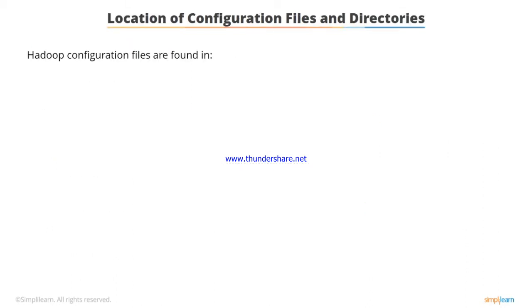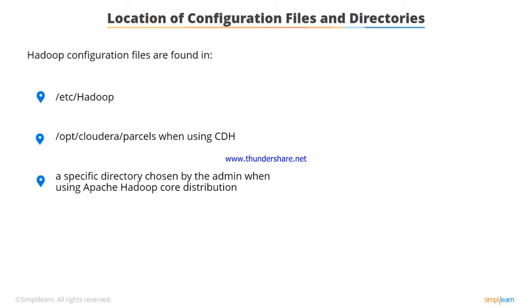Hadoop configuration files are found in /etc/hadoop, or /opt/cloudera/parcels when using CDH, or a specific directory chosen by the admin when using the Apache Hadoop core distribution. The configuration directory can be relocated to another part of the file system, external to Hadoop's installation path.